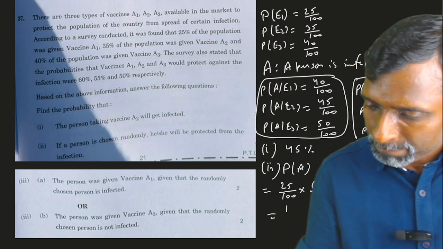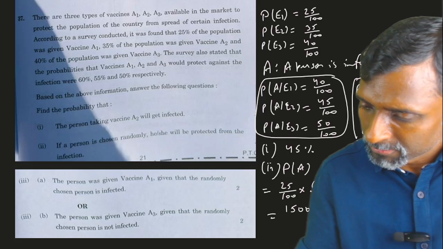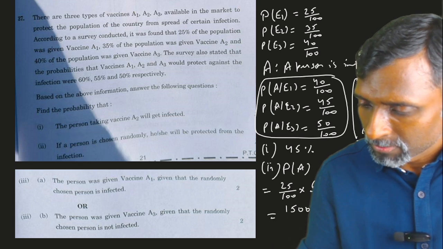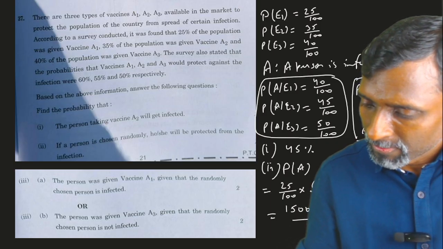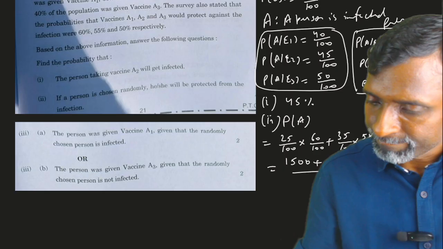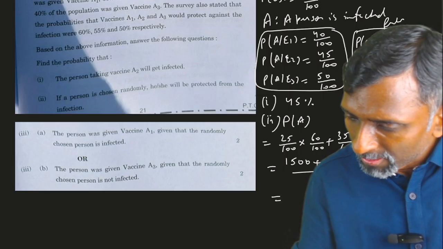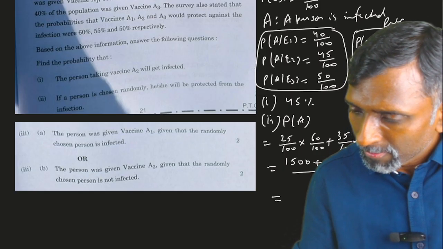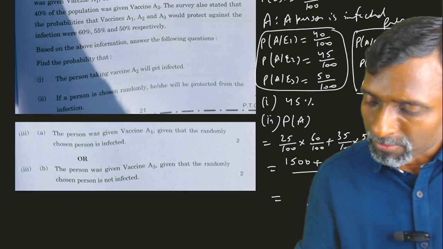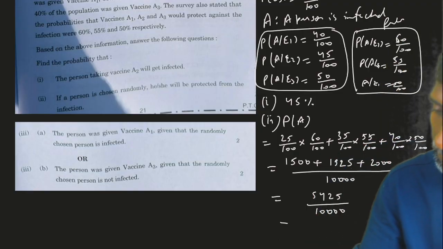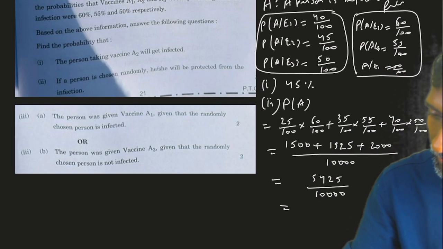So 1500 plus 1925 plus 2000 by 10,000. So it will be 5425 by 10,000, right? So we can just simplify it, you will get the answer.